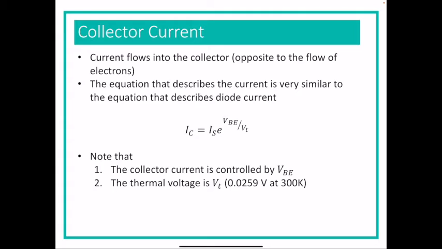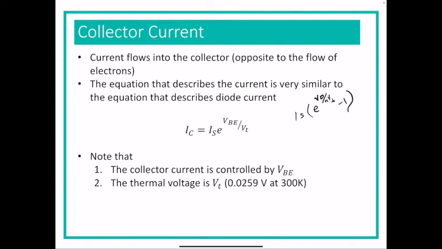And there is an equation that describes the current. It's similar to diode current. It's the same idea, just that we don't have the diode voltage. We actually have the base emitter voltage, and then remember, we divide by the thermal voltage. This is similar to the equation when we had I_S times e to the V_D over N V_T minus 1.